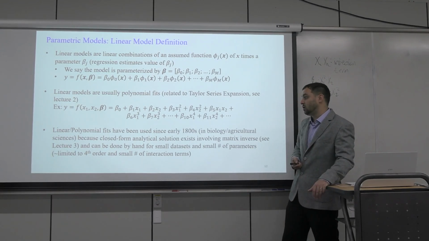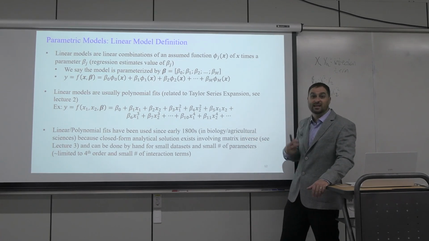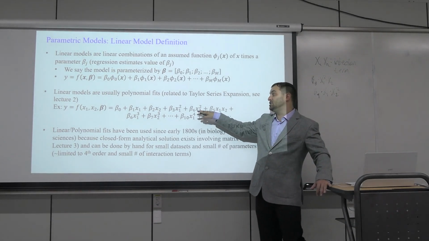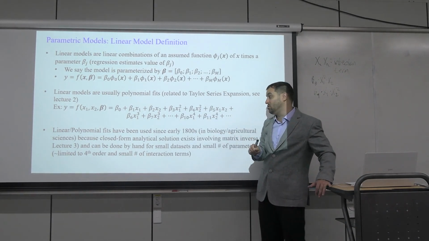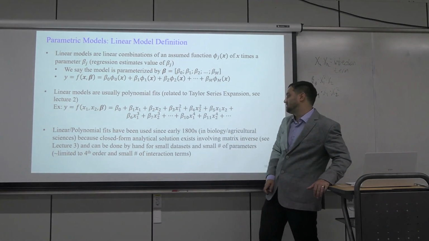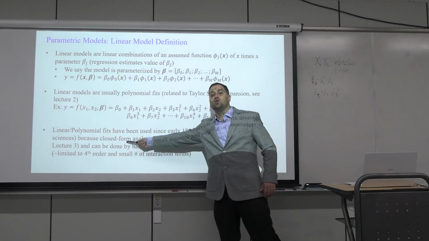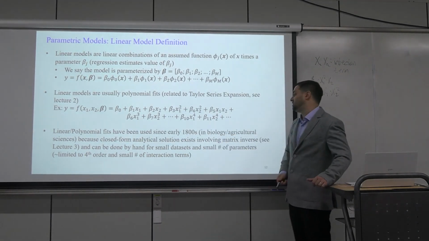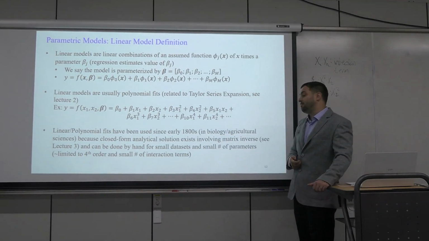So a lot of the early regression theory came out of biology and the agricultural sciences. The reason why they used these low order polynomial fits is because a closed form analytical solution exists involving a matrix inverse.